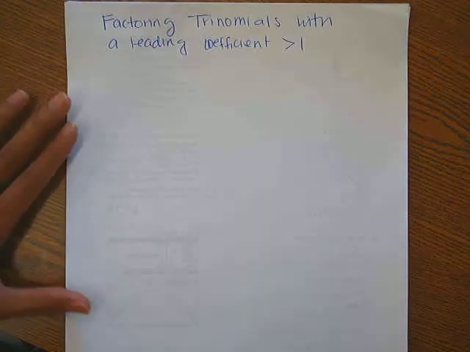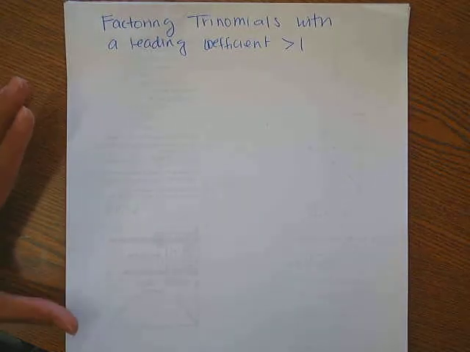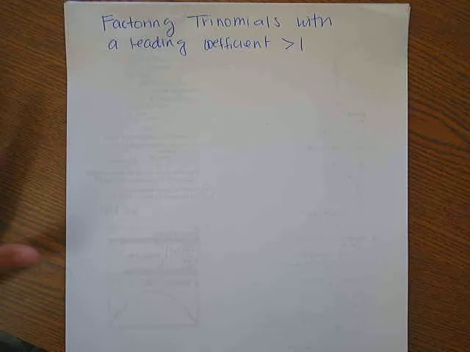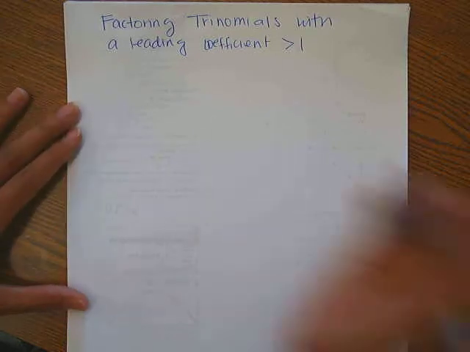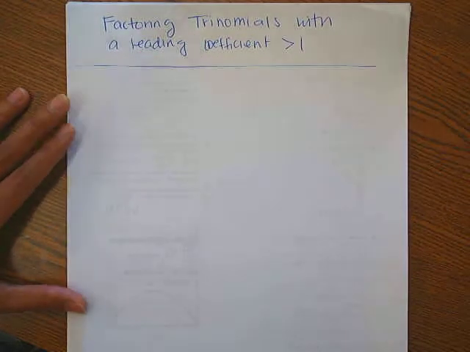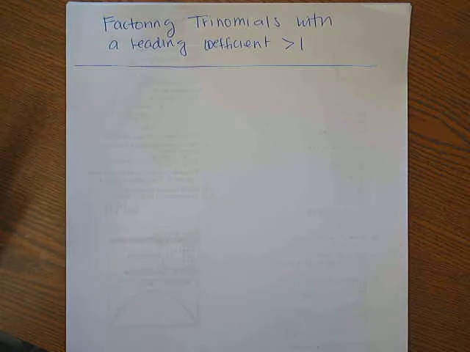Okay, because a lot of you do know how to factor a trinomial with a leading coefficient of 1, but when we get to something that's not 1, that's where I saw on the exam a lot of troubles coming from.